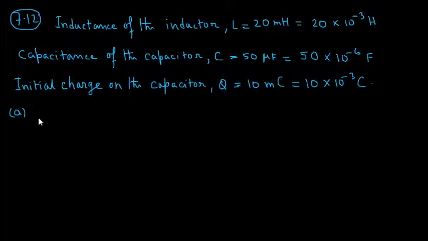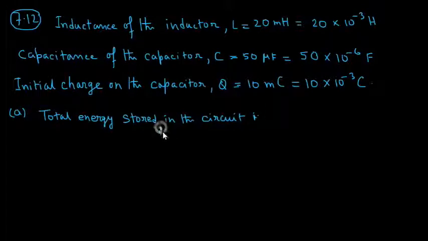These all values are given in the problem. Now let us solve the questions one by one. Part A: the total energy stored initially in the circuit is given by E is equal to Q squared upon 2C.